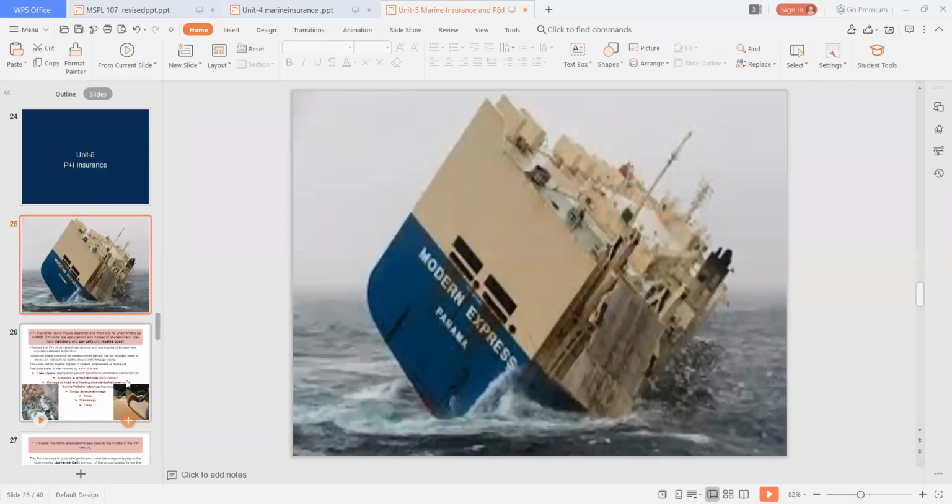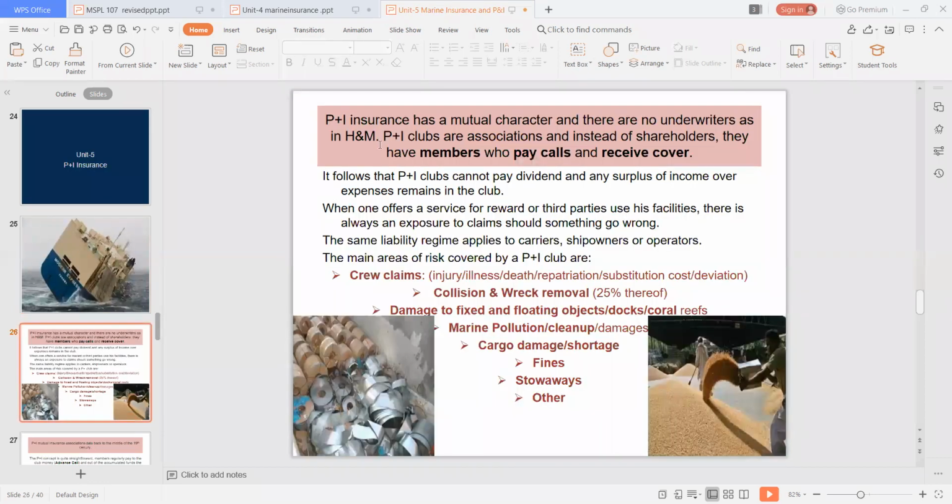Protection and indemnity insurance has a mutual character and there are no underwriters as in H&M. P&I clubs are associations, and instead of shareholders they have members who pay calls and receive the cover.